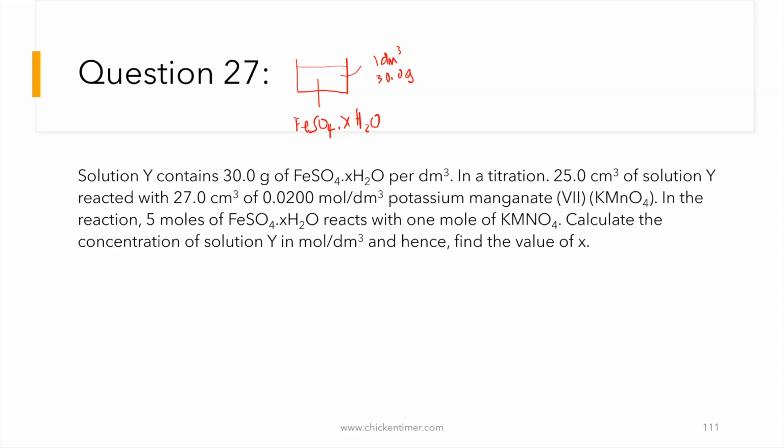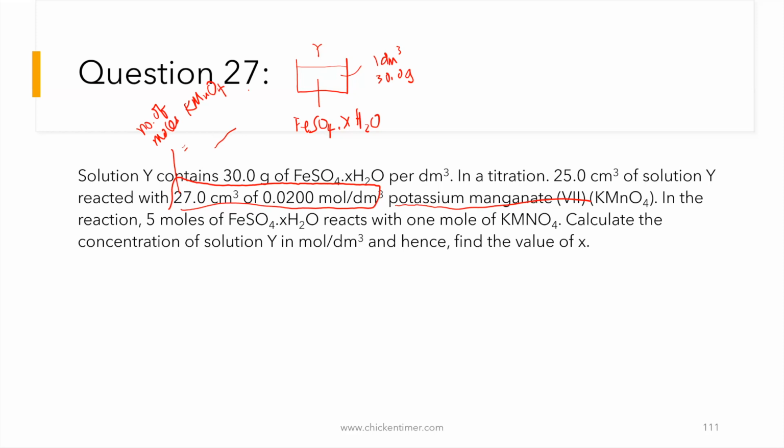They give it a name, solution Y. Then the solution Y will react with potassium manganate 7. There are 27 cubic centimeter of potassium manganate 7, and the concentration is 0.02 moles per dm cube. So my question number 1 is, can you find the number of moles here? In a while we'll leave you to do this.